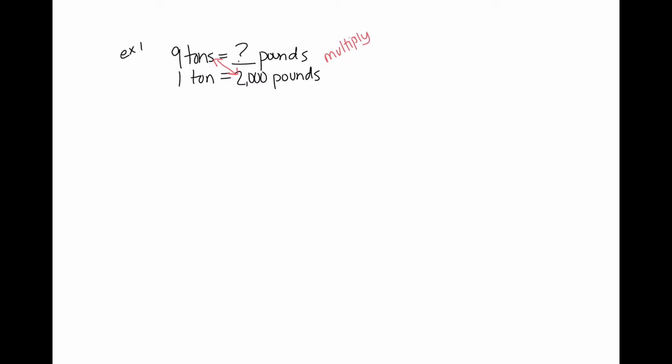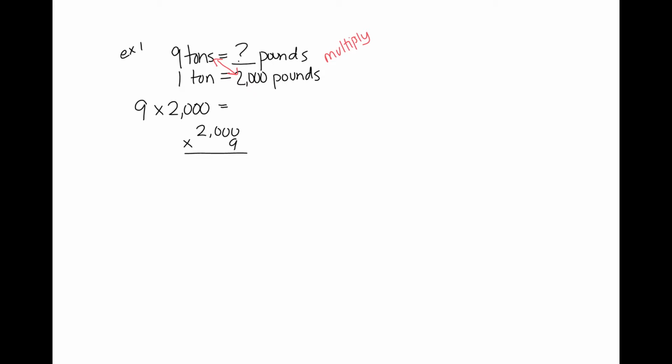So, I need to set up my conversion. I have a problem that I need to solve. Again, I said we're multiplying. So we're going to be multiplying 9 times 2,000. Now, multiplication of whole numbers is something that we've already learned. So when we set this up, we need to multiply regularly how we would any other day.